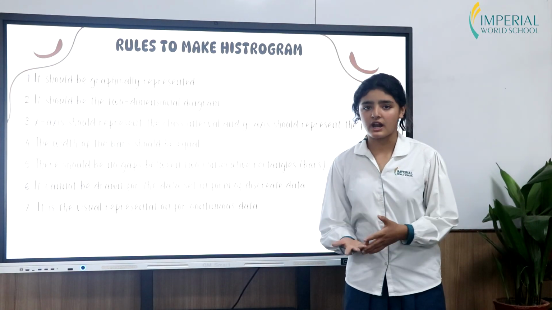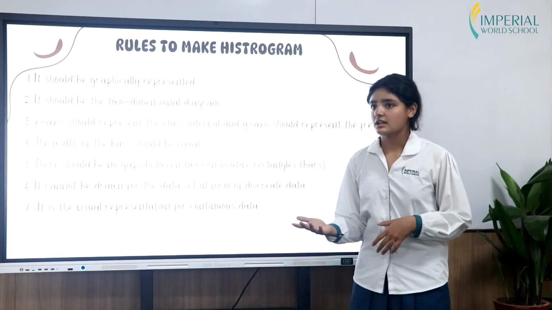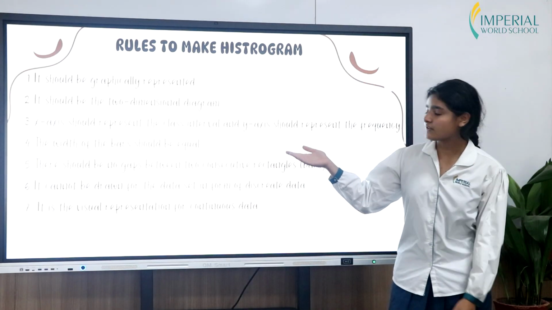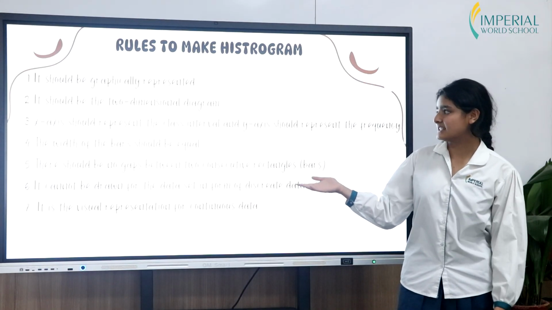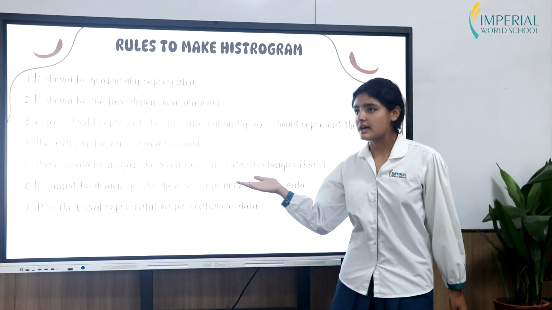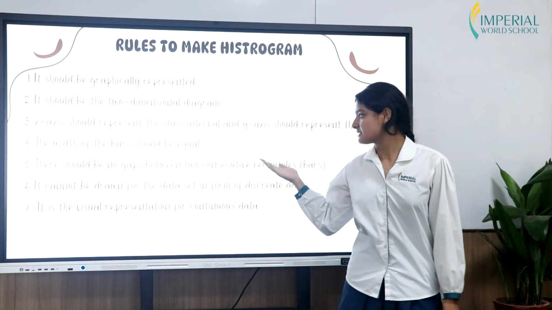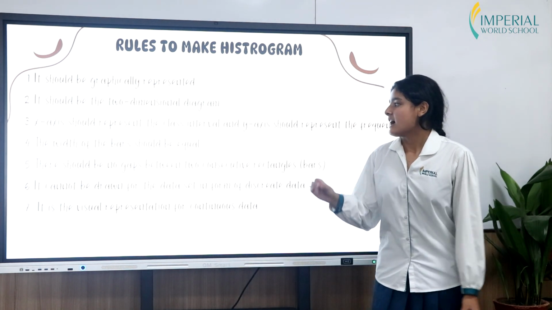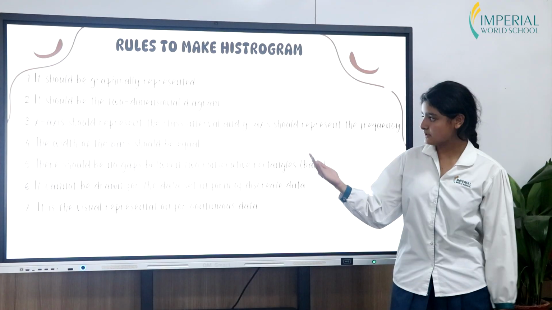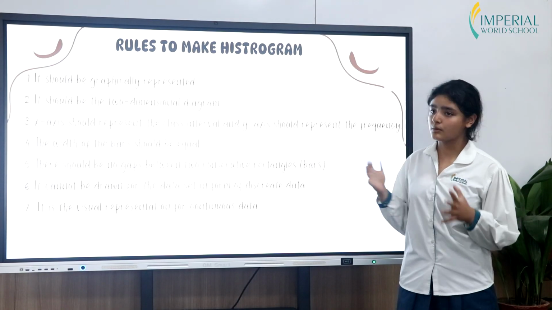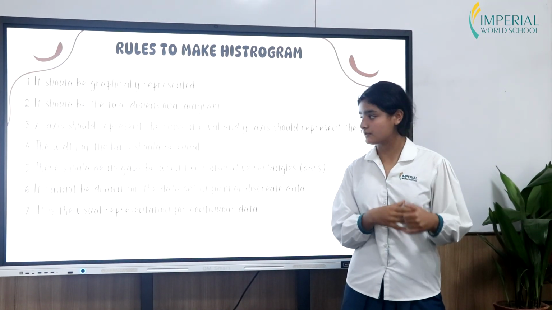Before making a histogram, we must follow some rules. It should be graphically represented. It should be a two-dimensional diagram, and the x-axis should represent the class interval and the y-axis should represent the frequency.